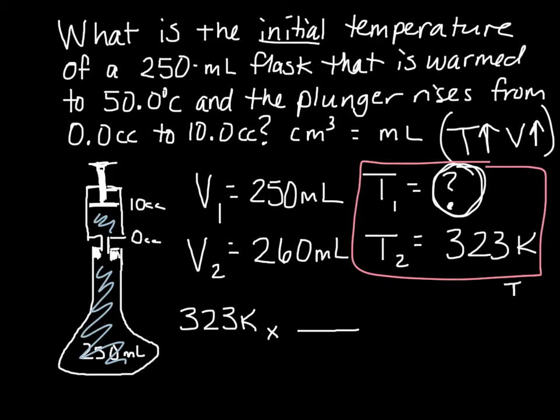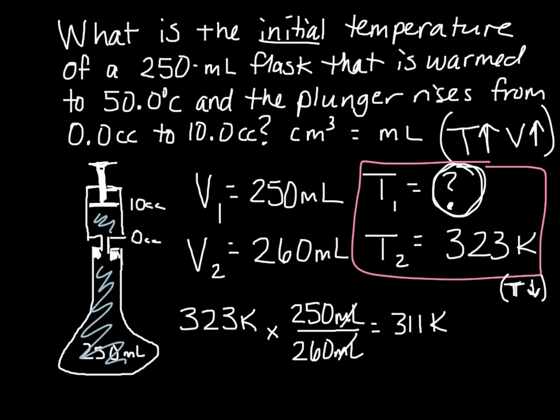That initial temperature has to be less than or lower than 323. So we're going to take our 323 and we're going to actually multiply it by 250 milliliters over the 260 milliliters. I'll take a moment to process that information, and we get approximately 311 Kelvin.